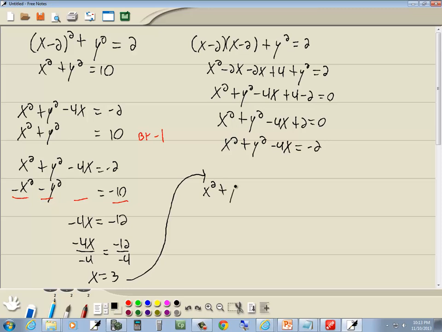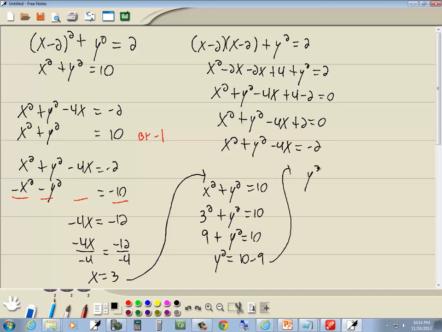We've got x² + y² = 10, and we just said x is equal to 3, so we'll put 3 in for the x. We've got 3² + y² = 10. 3² is 9, plus y² is equal to 10. Take the 9 over, and we get 10 minus 9, which gives us y² = 1.